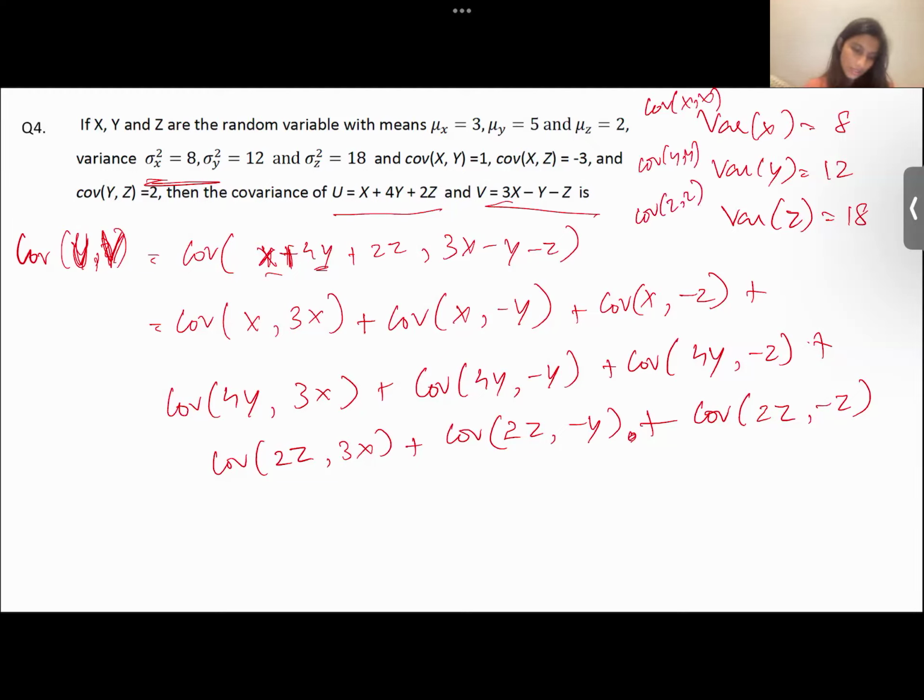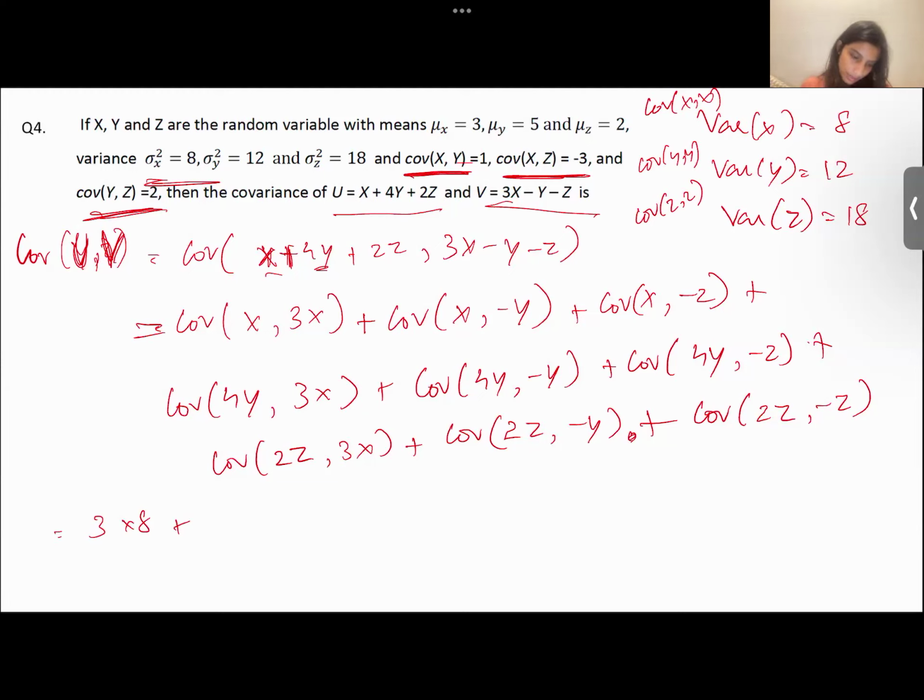You also have the individual x comma y, x comma z, y comma z values, so you just substitute these. Look at this term: 3 into covariance of x comma x, which is variance of x, which is 8. So 3 into 8.